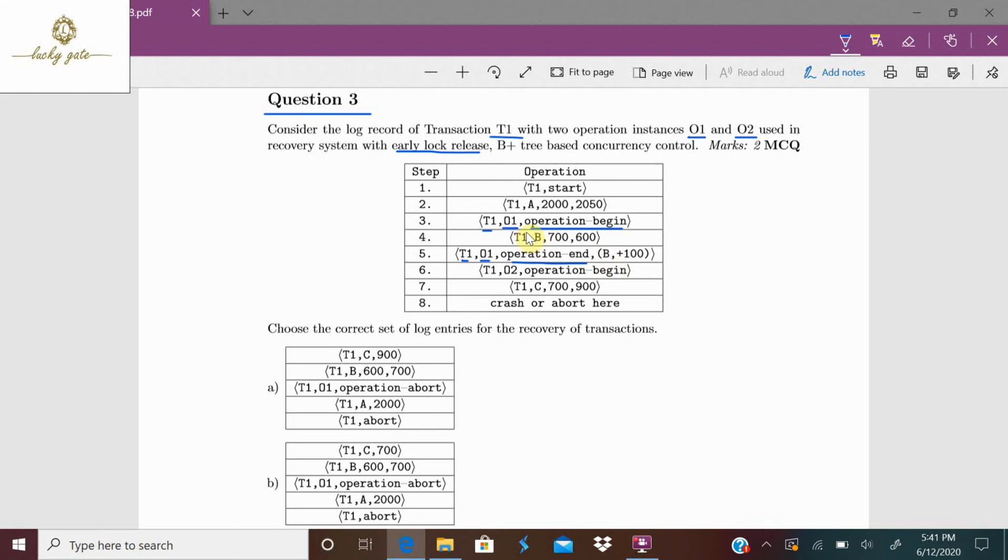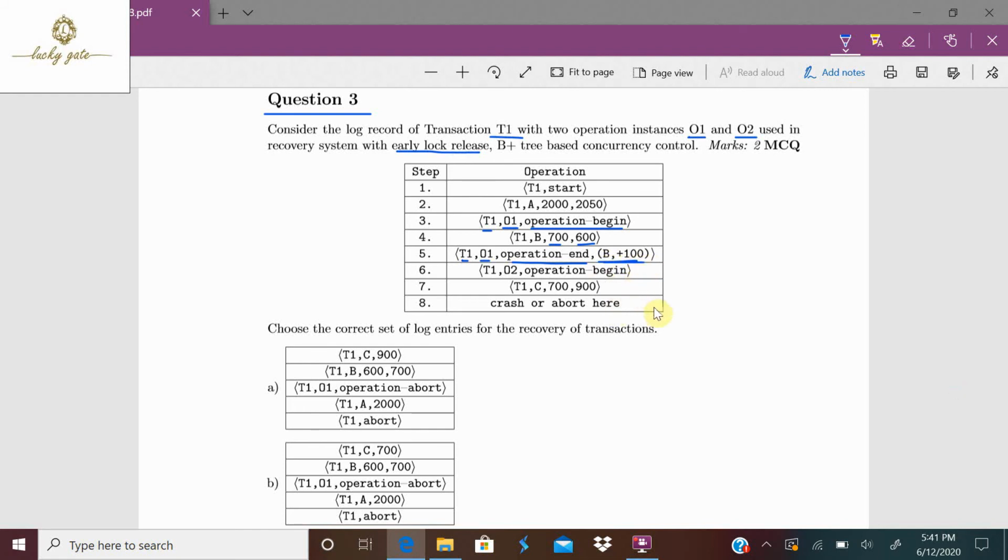Here you observe T1 changing the value of B from 700 to 600. It means it is debiting 100 from B. So the compensating operation is crediting 100 to B. This is logical undo information.